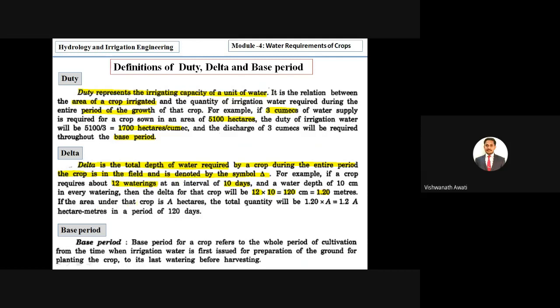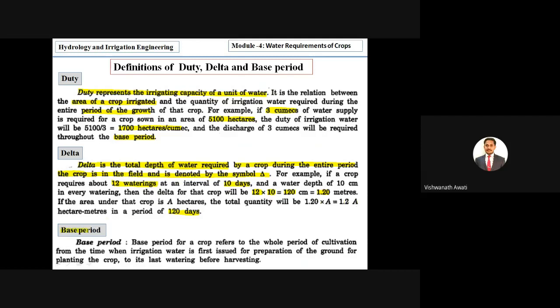If the area under the crop is A hectares, then the total quantity will be 1.2 into A, for a period of 120 days.